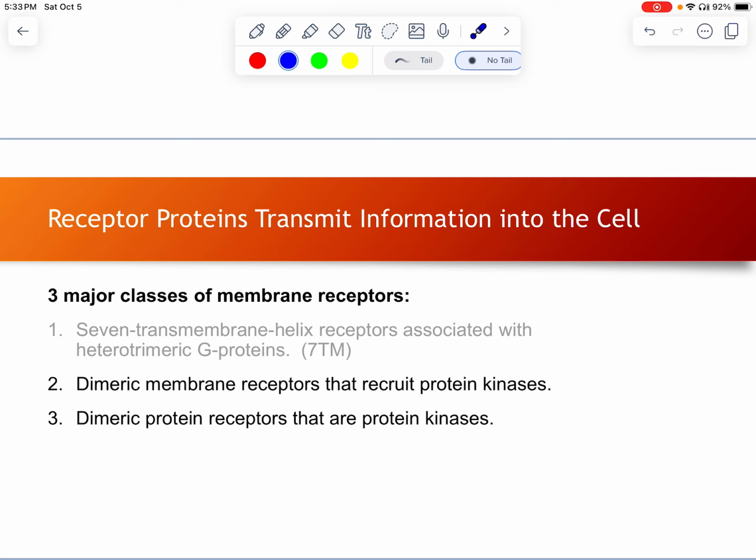In the second case, the intracellular part itself is a kinase. All right, hopefully after these last two videos, you have a better idea of what a chemical circuit is and how a message can be passed from one molecule to another to initiate or terminate various metabolic processes.